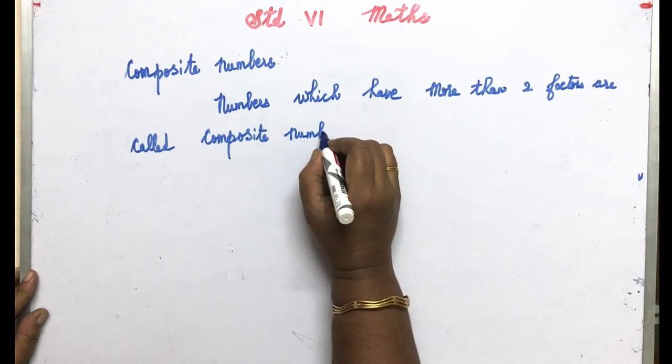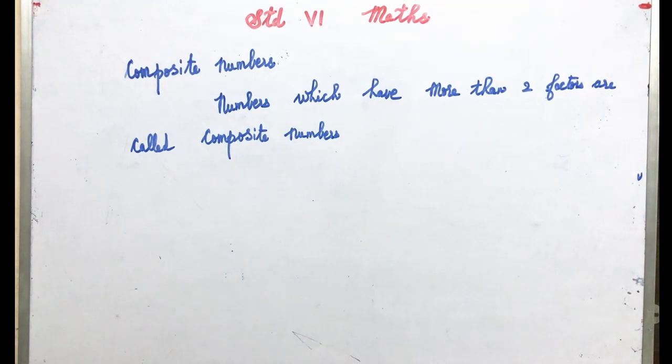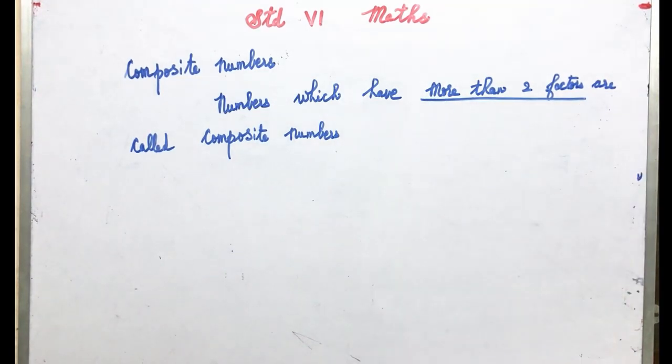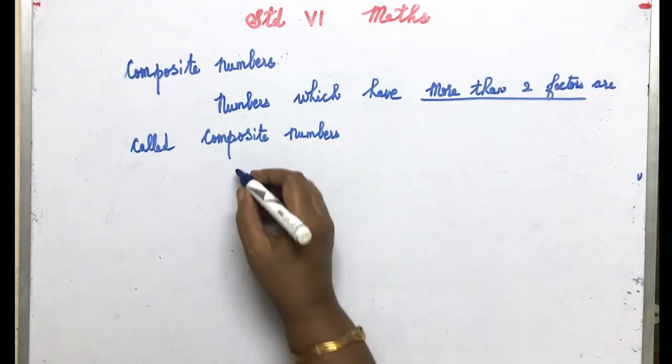So if you have only 2 factors, those numbers are called prime numbers. If you have more than 2 factors, those numbers are called composite numbers.